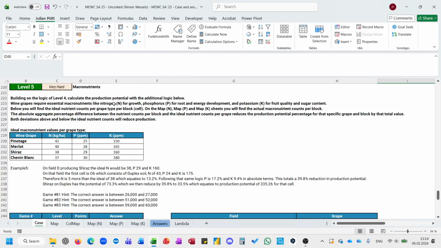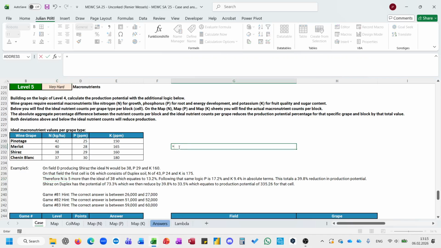Calculate the production potential of wine grapes requires macronutrients like nitrogen, phosphorus, and potassium. Below the ideal nutrition contents per grape given per block, per cell. Macronutrients. Absolute. Oh, it uses the... Okay.